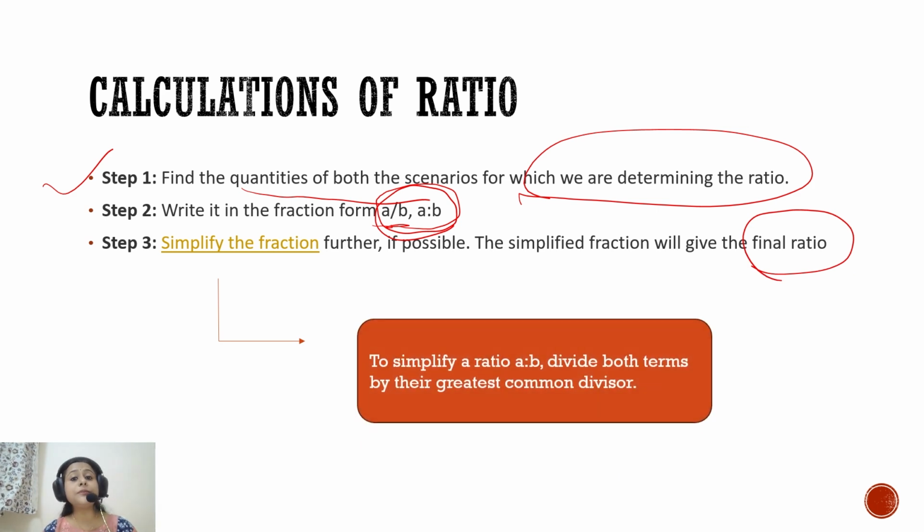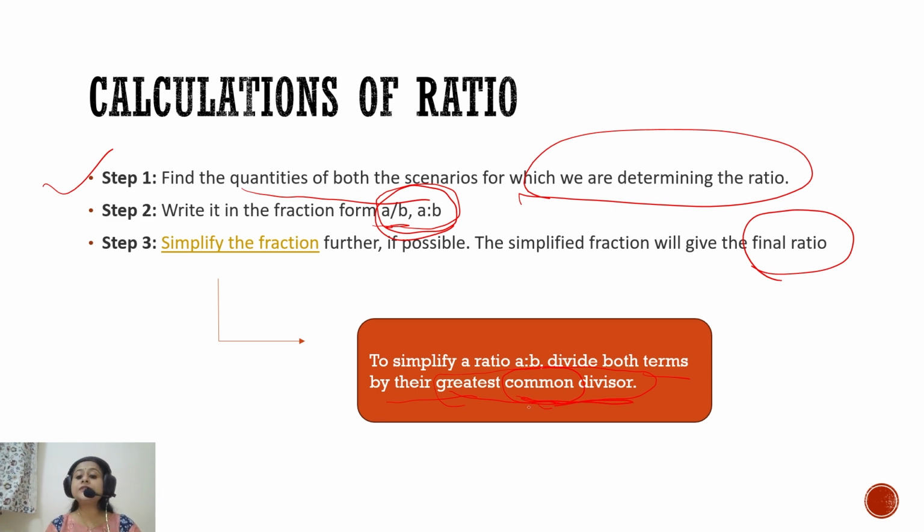Now, how can you simplify it? As I have shown earlier, to simplify a ratio A is to B, you have to divide both the terms by their greatest common divisor. Why common divisor? Because there must be a common factor with which you can divide both the terms.